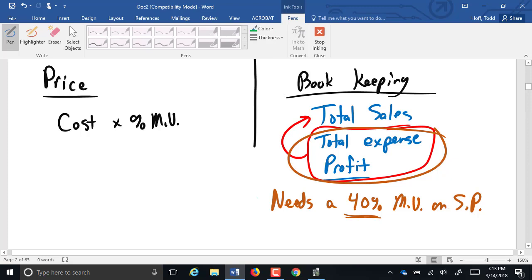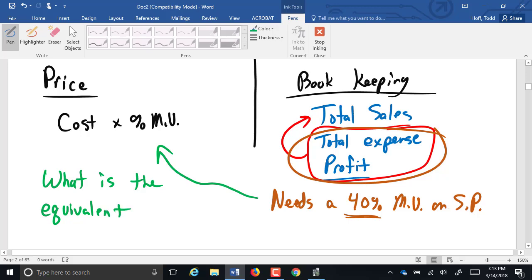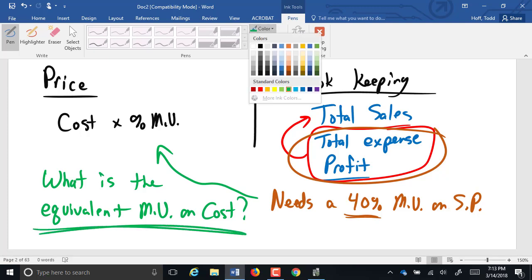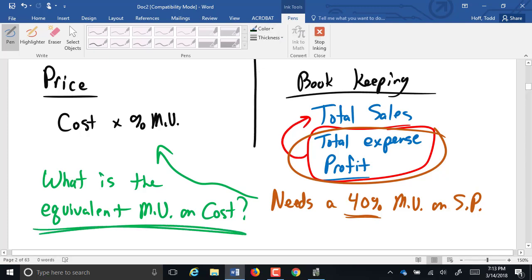So when we go to price items, what is the equivalent markup on cost? This is not as difficult as it sounds.